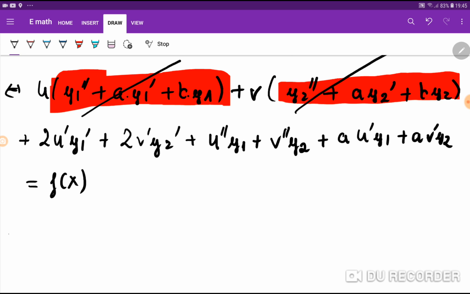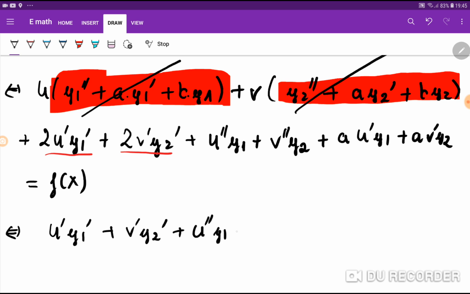I'm going to write this like this. The 2 here, I'm going to leave 1 here. 2 prime plus u double prime y1 plus v prime y2 plus, okay, you see I break it down into 2 components.